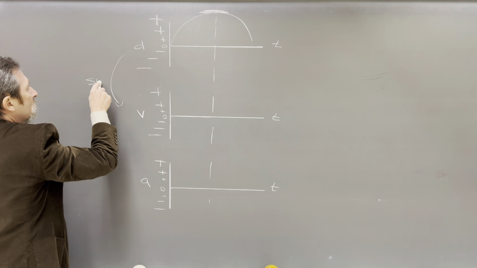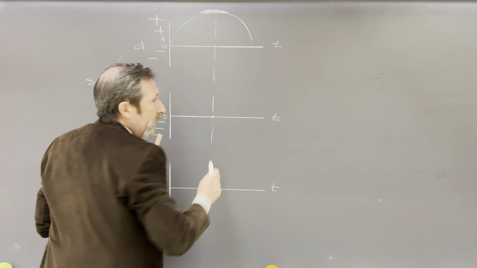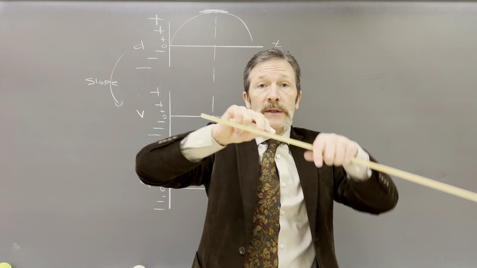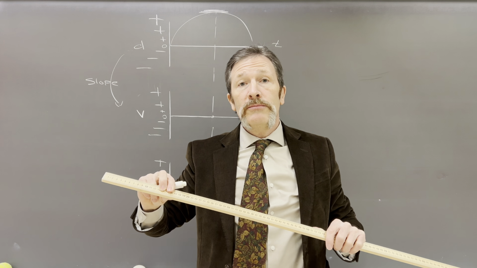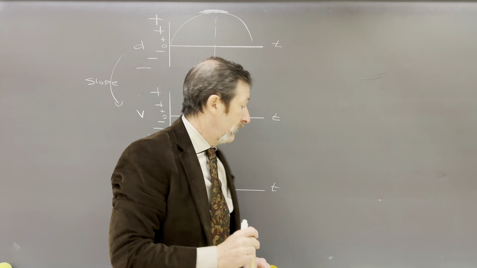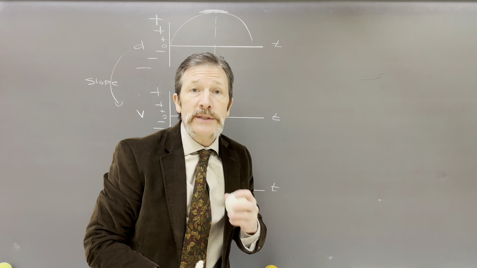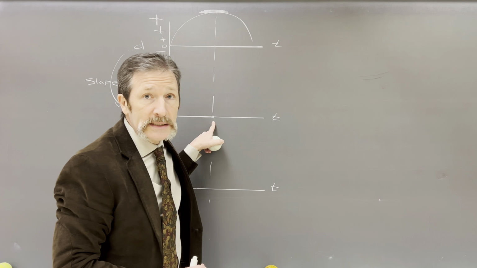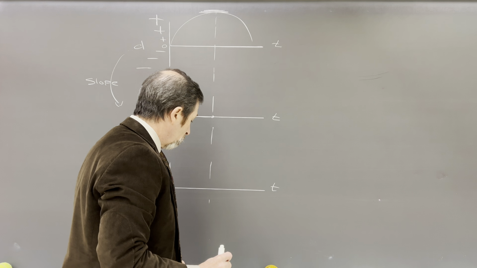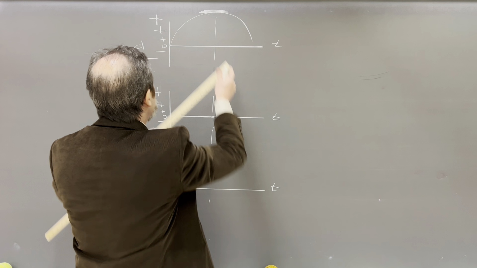So if we were to take the slope at that point and that point only, we're going to have a slope of 0. I think this is where most students get the misconception that the acceleration at the top would be 0. The velocity is 0 there. In order to find the acceleration, we'll need a few more points on our graph.